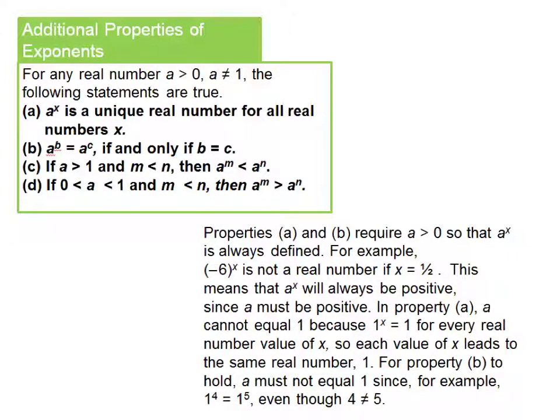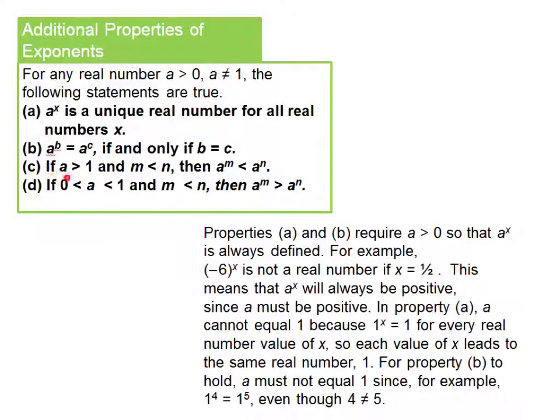Here's showing some properties of exponents. First of all, they're saying that your base has to be positive, and also it cannot equal 1. So as long as x is a real number, you can take any number to that power. Two powers are only equal if their bases are equal and their exponents are equal.